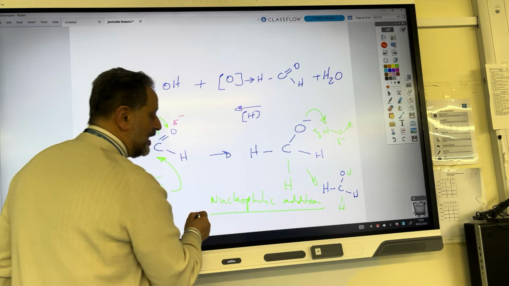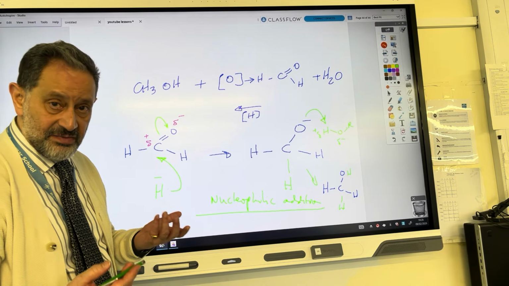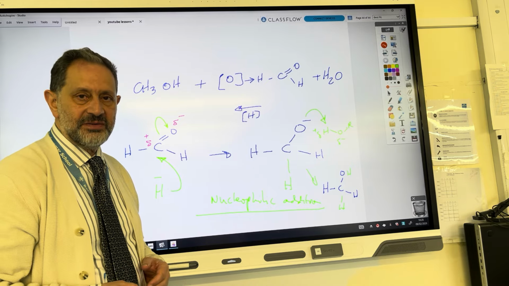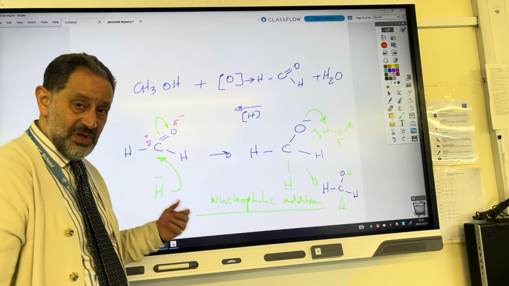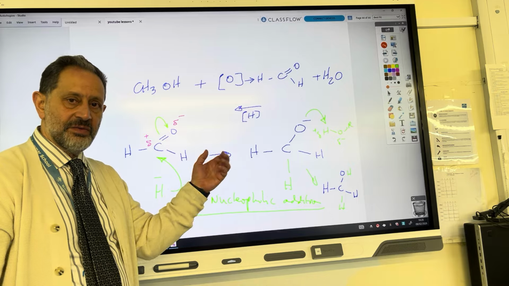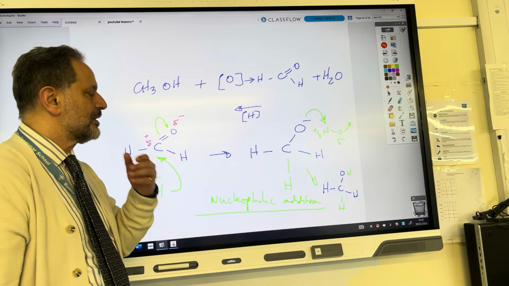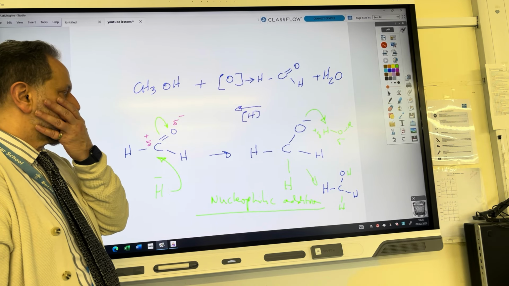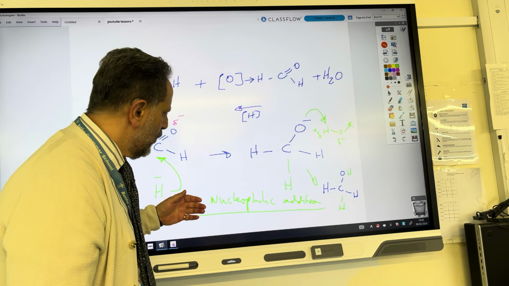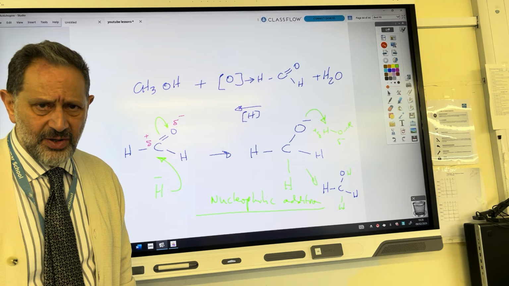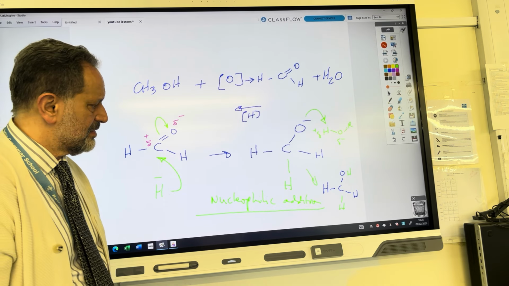You see, each of these names, when you think about it, is quite rational. So you don't need to memorize it. You can work it out if you think about what you're doing. All right? So that is reduction. Where else in the syllabus did we come across nucleophilic addition?